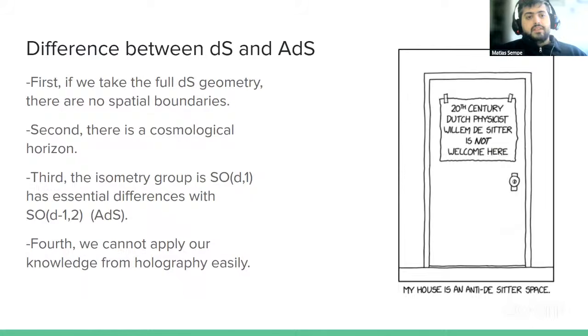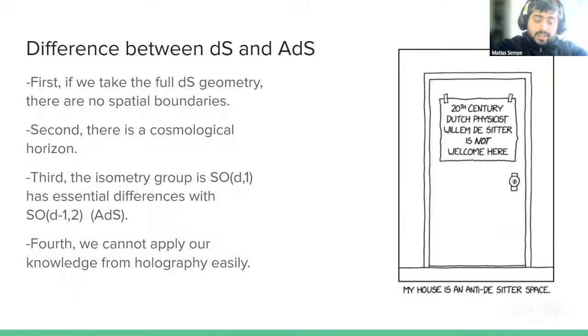So we can see that the differences between dS and AdS are many. First, when we take the full geometry in de Sitter, there are no spatial boundaries. So even the notion of charge is a little bit messy, because if we want to define a charge, we have to go to the static patch, where we can calculate. But this charge will only live for an observer, so it will not be for the full geometry.